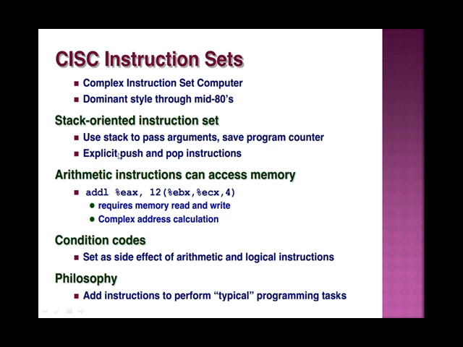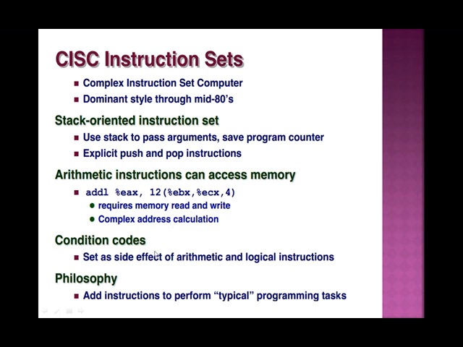So CISC uses the stack to pass arguments, save the program counter, and use the program counter whenever a program moves from one part to another part. Explicit push and pop operations are used. In CISC, arithmetic instructions can access memory, for example addl to EAX requires a memory read and write. Then it gives complex address calculations.